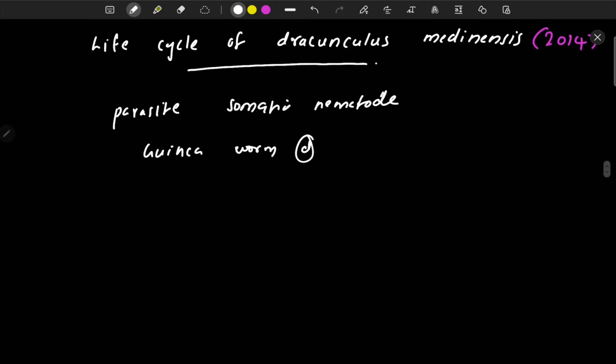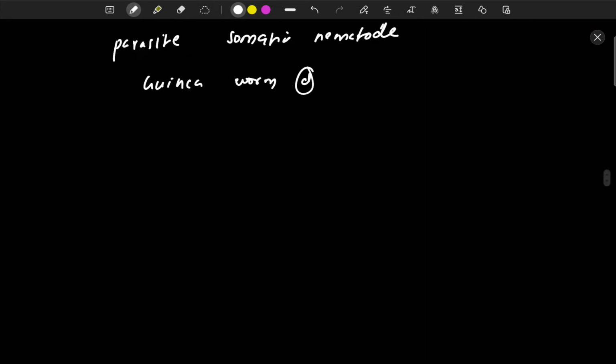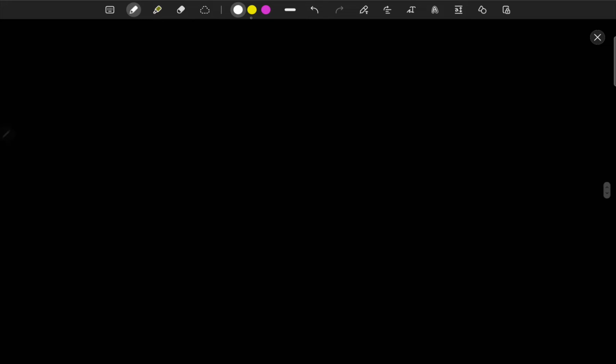Going on to the life cycle of Dracunculus medinensis, it has two hosts. One is a definitive host, and the other is an intermediate host.